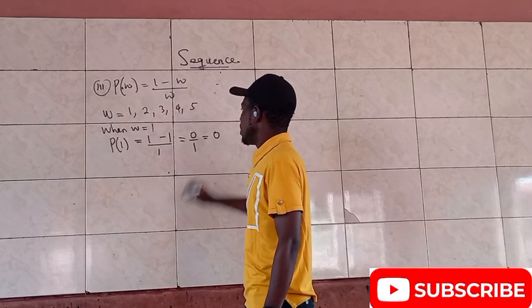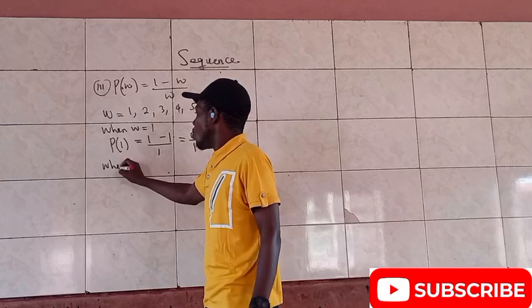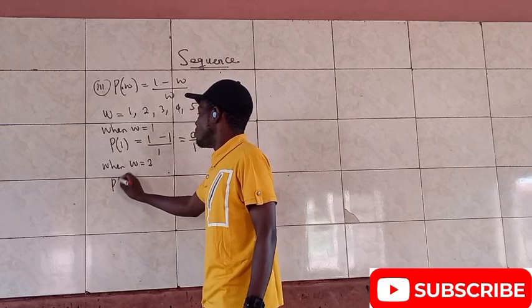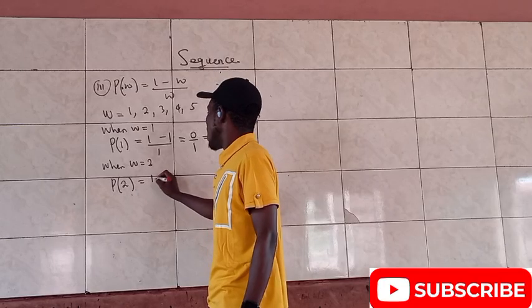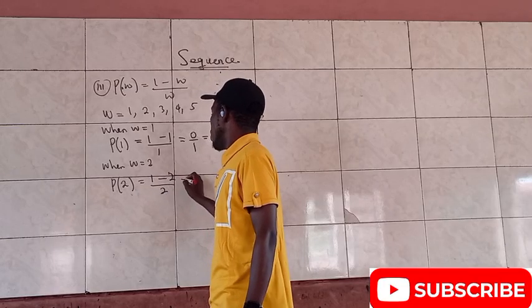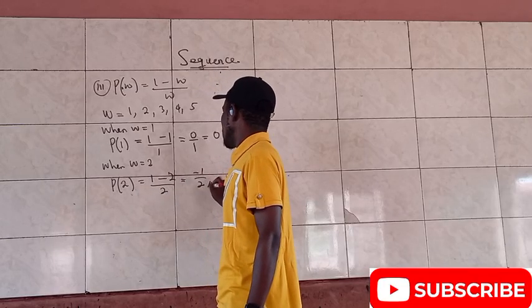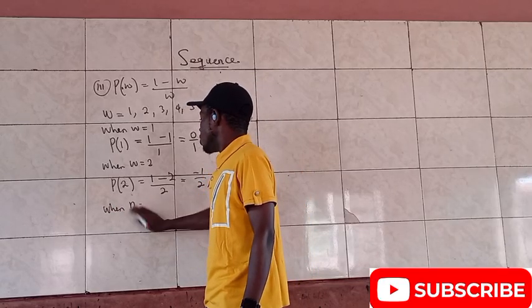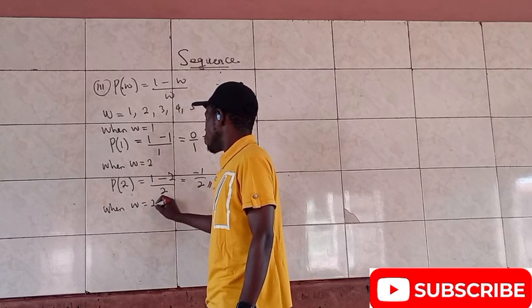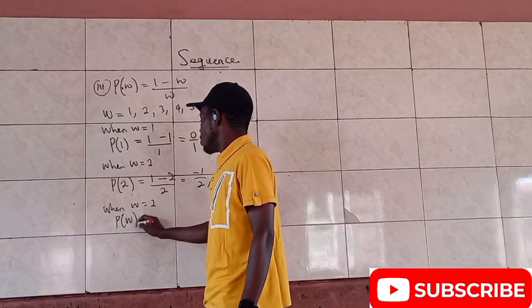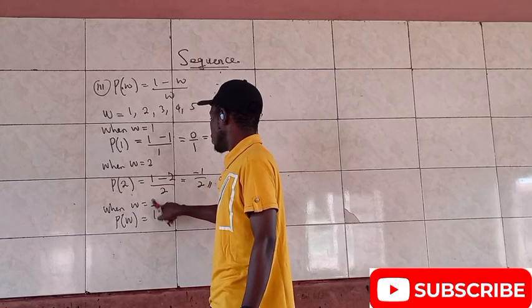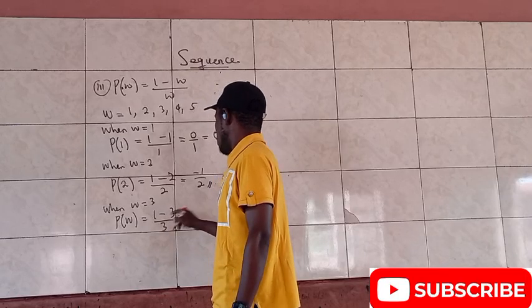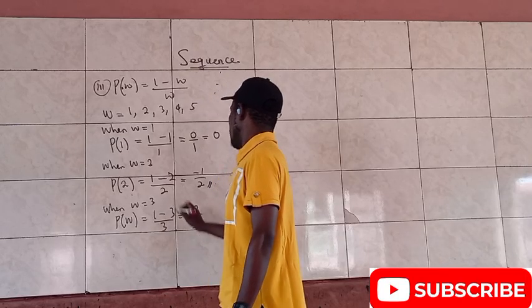I write again, when w equals 2, so I have p2 equals 1 minus 2 over 2. 1 minus 2 is minus 1 over 2, and that's my answer. So I will go again and say, when w equals 3, 1 minus 3 over 3 equals minus 2 over 3.